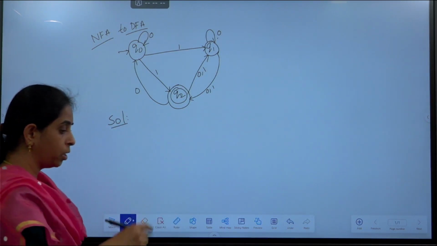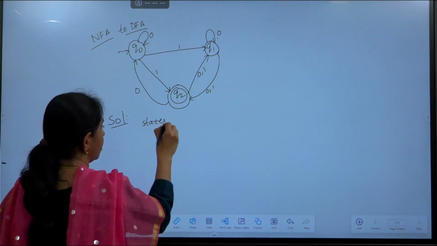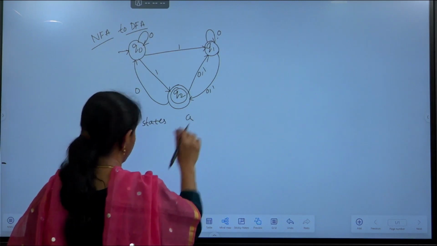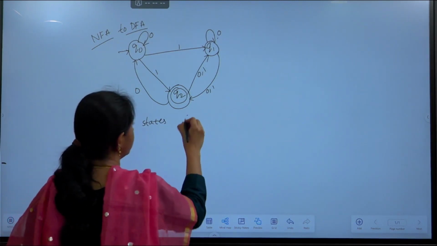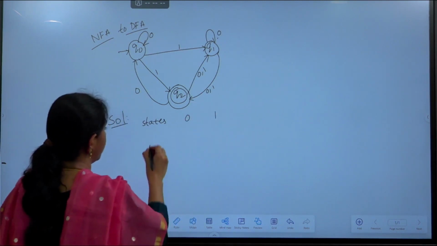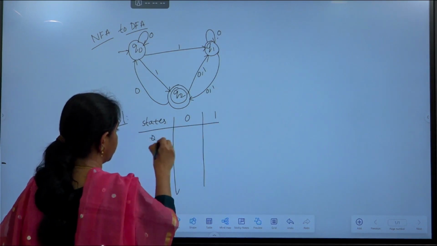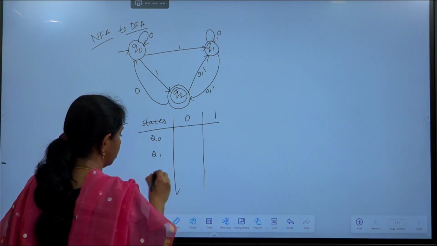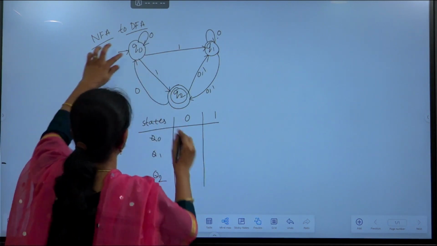So the transition table has states and input alphabets. We have input alphabets 0 and 1. The states are Q0, Q1, Q2. Q0 on input alphabet 0 goes to Q0.